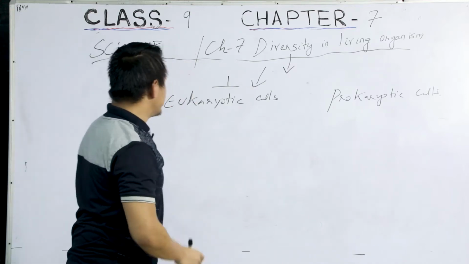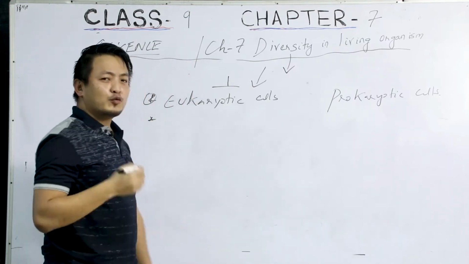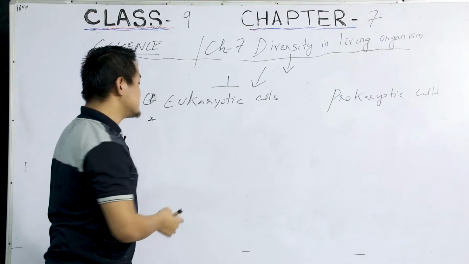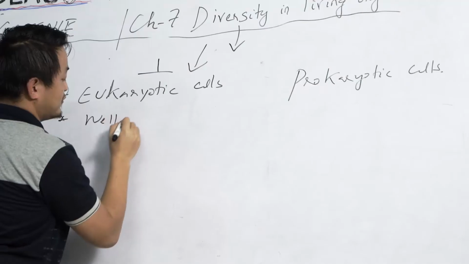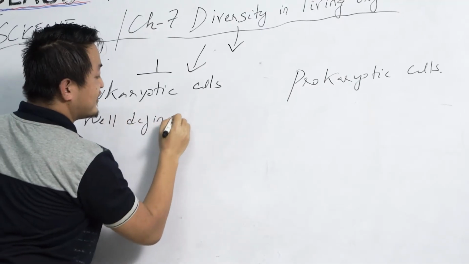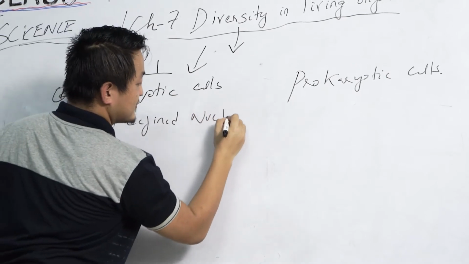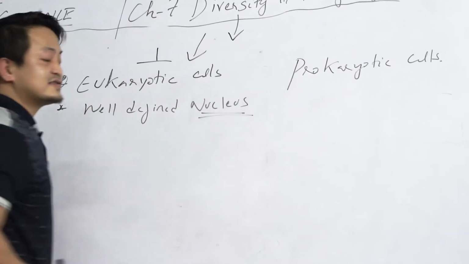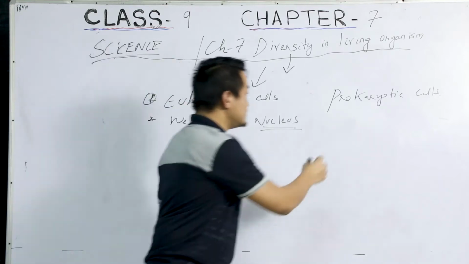Okay. So eukaryotic cells means they have a well-defined nucleus. Well-defined nucleus. So this is present inside our cell. Clear?